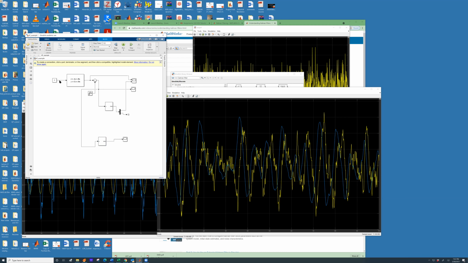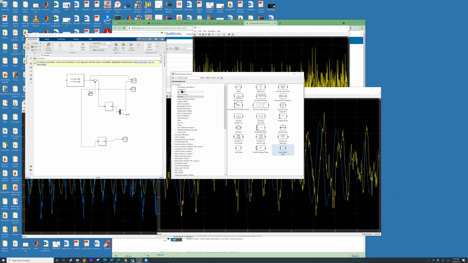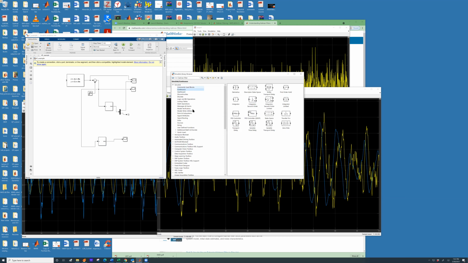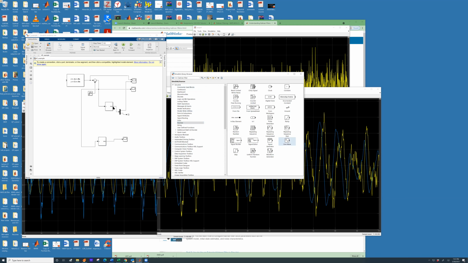You can actually change this a little bit, which means you can go to library browser, go to continuous, commonly used blocks. You can go to sources, and now you can add a sine wave. You can add a sine wave here.